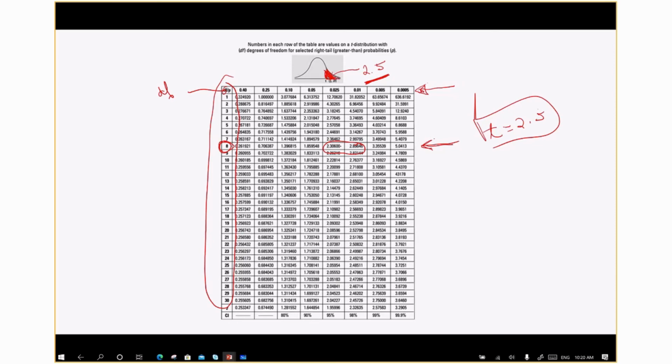Well, that area out there is going to be somewhere between 0.025 and 0.01. And so if we actually did the linear interpolation, we would find that if this t value here is 2.5, the corresponding area here would represent a probability of 0.020.